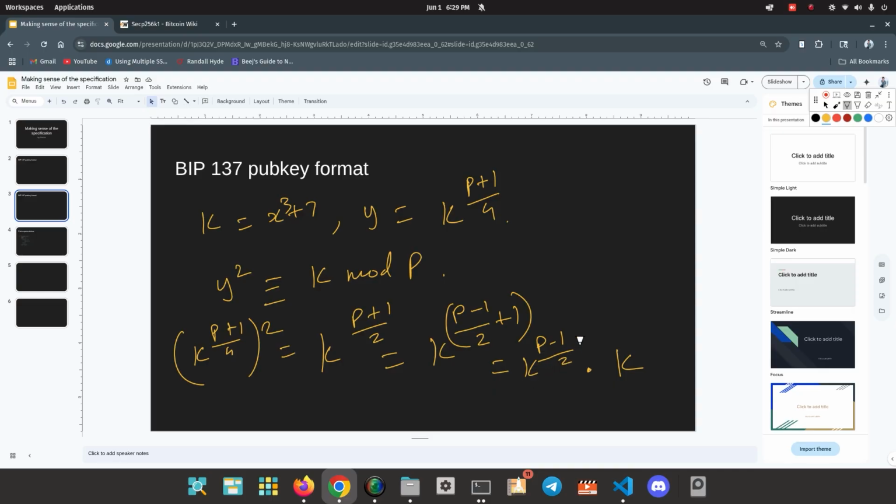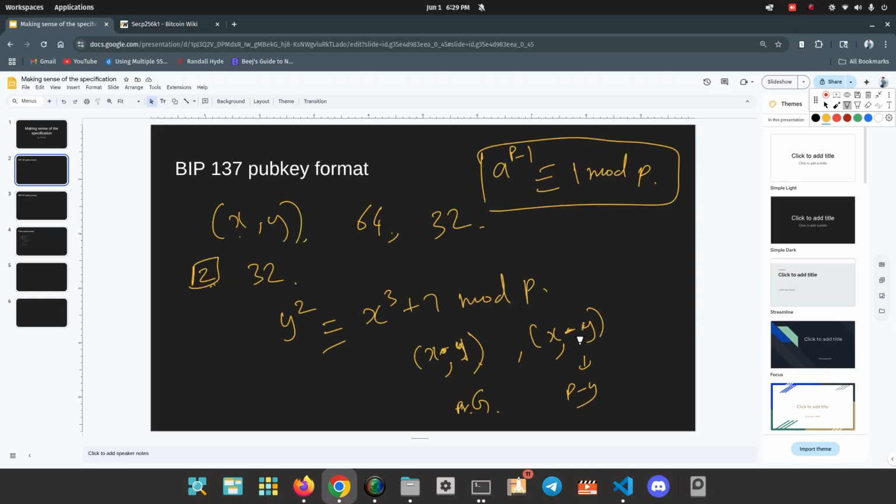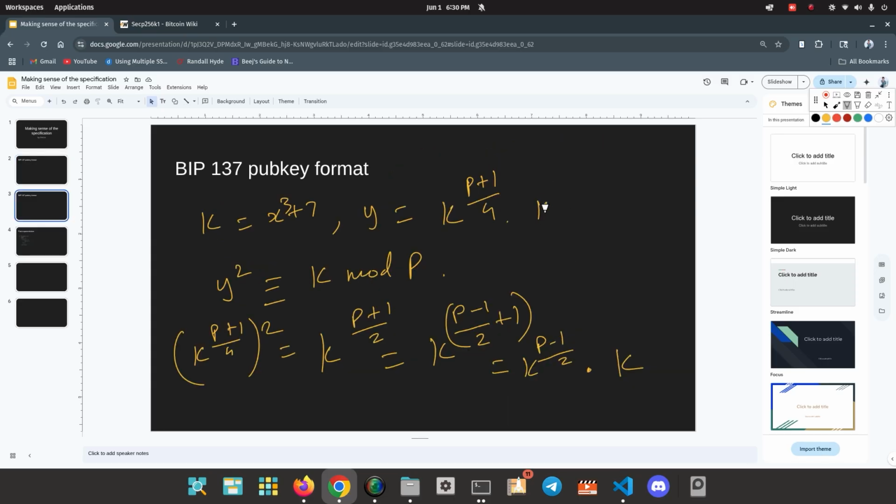Now what is k to the power p minus 1? k to the power p minus 1 is congruent to 1 mod p, because this a is arbitrary. For any a less than p and greater than 0, this equation holds. We can write k to the power (p minus 1) divided by 2 as the square root of k to the power p minus 1.